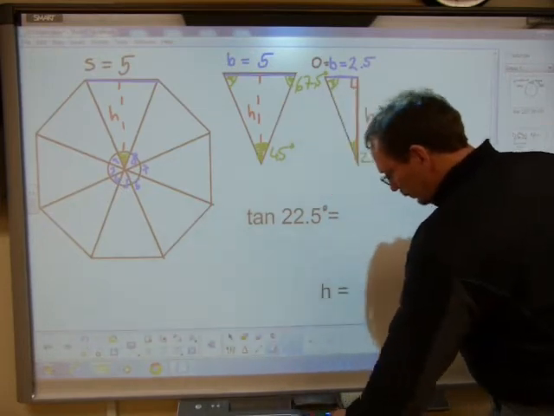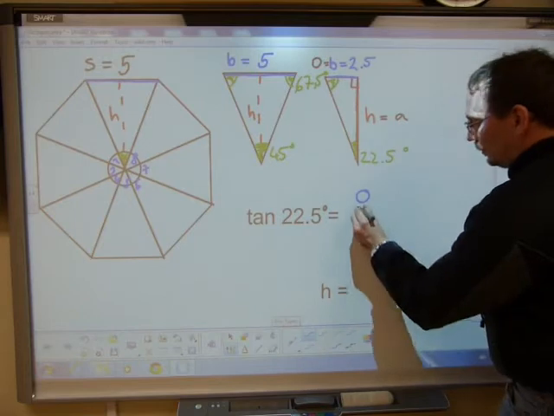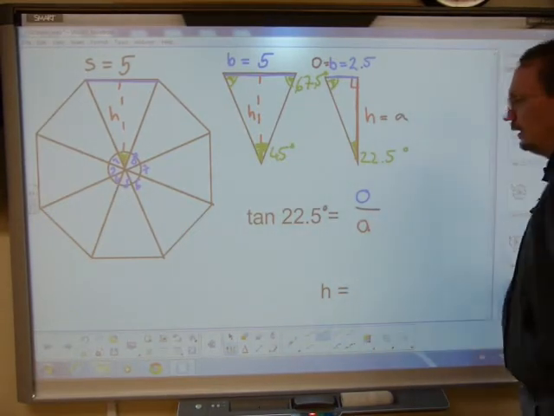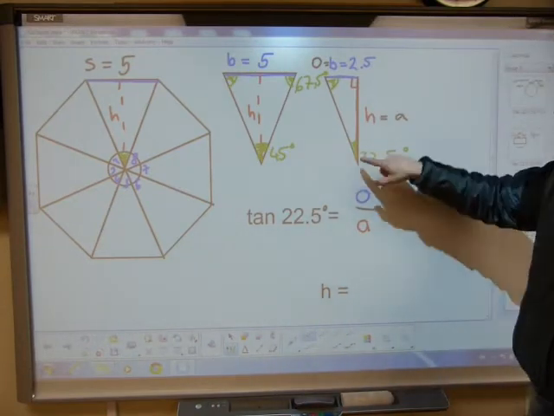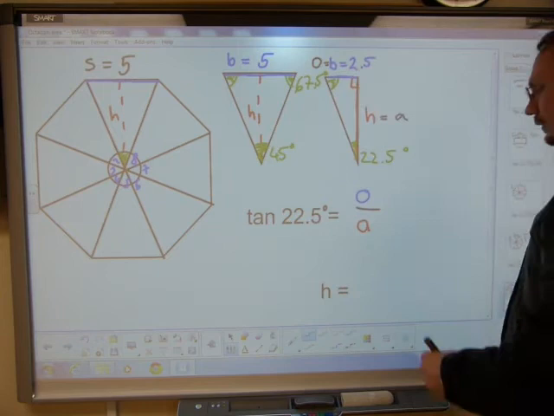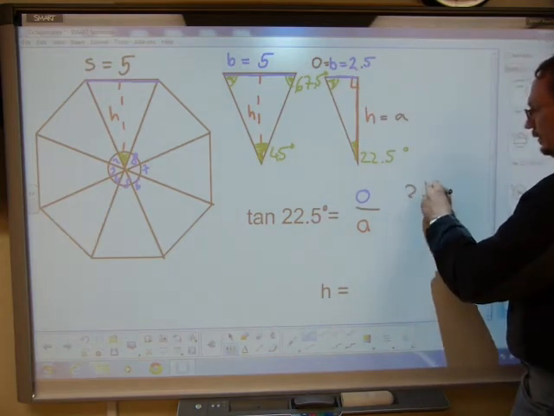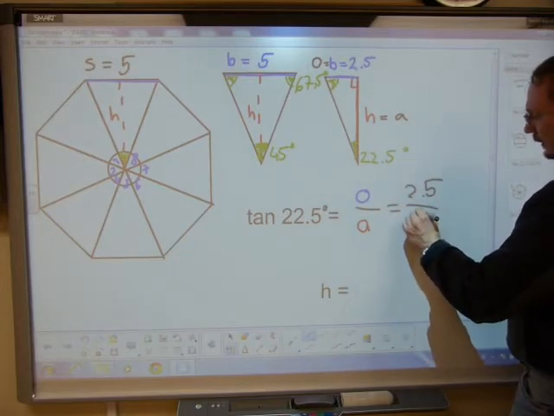I'm going to go blue on that one, because opposite over adjacent. Opposite over adjacent, and we know that the opposite side is the 2.5.